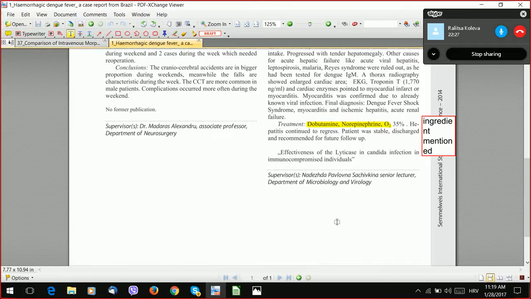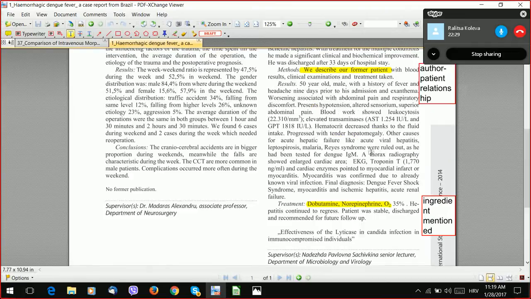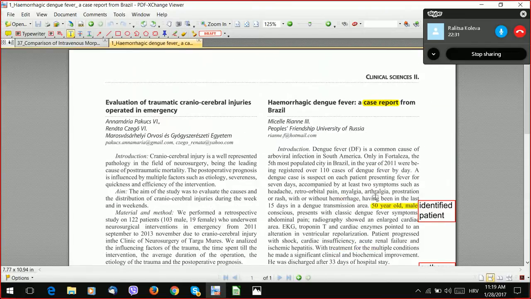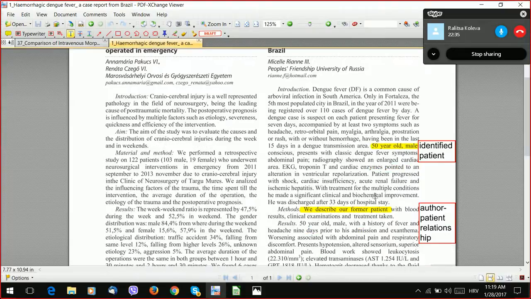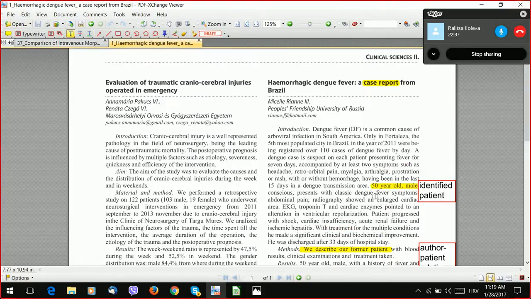Our example is a case report. So we don't necessarily need to have a mention of an adverse event and/or a special case in order to record it in the Config software.